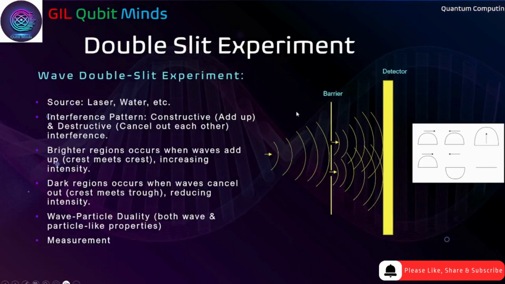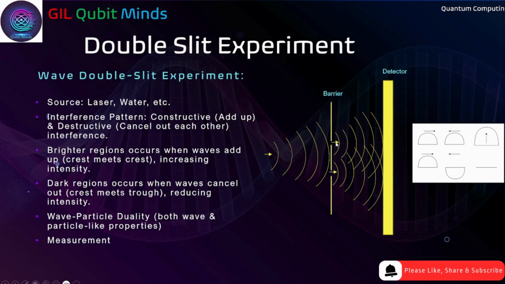Okay, now to understand quantum mechanics, we need to understand the double slit experiment. It is a very important experiment. In this experiment we can use waves, electrons or photons. We need to understand how quantum physics behaves here. When we send light, photons or water, there is a wall with two slits.